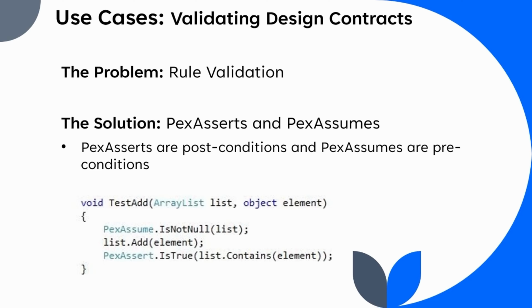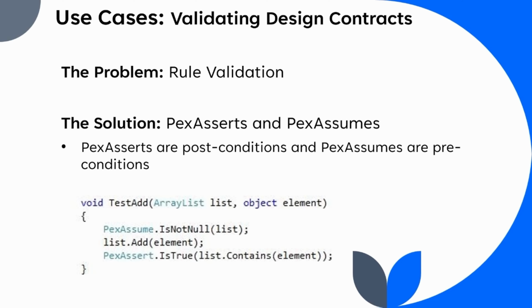The user cannot conceivably force that method to run without being logged in. So you don't need to check examples of when users are not logged in. That's when PEX assumes come in. So they set up valid preconditions for the engine to test with.